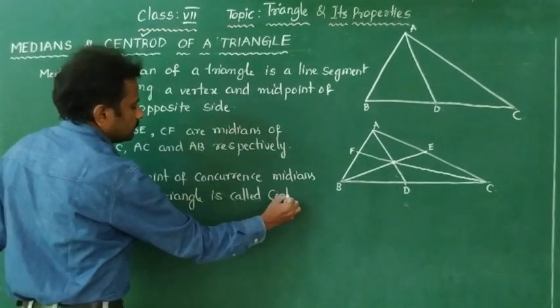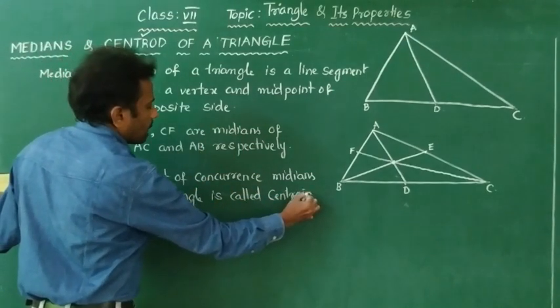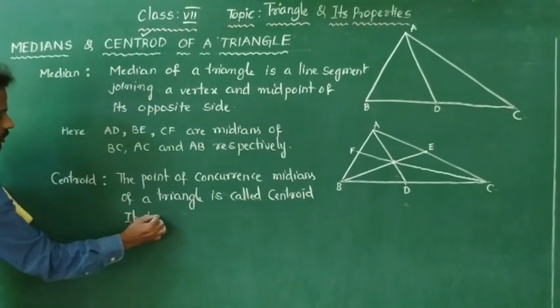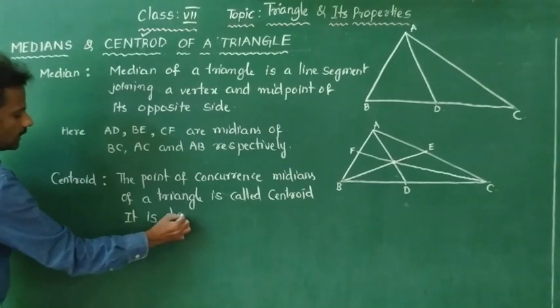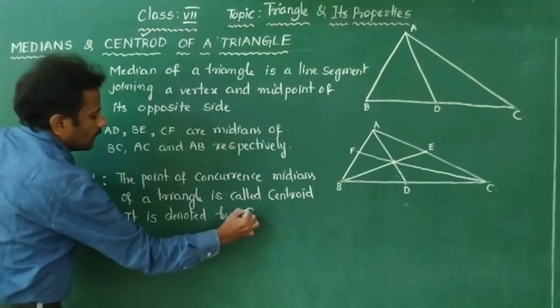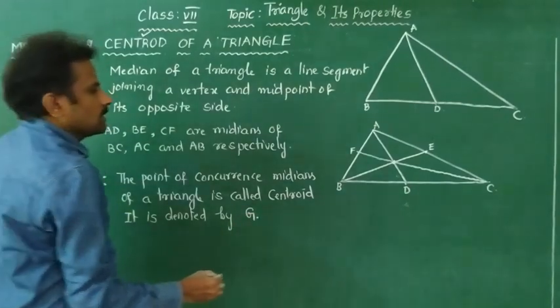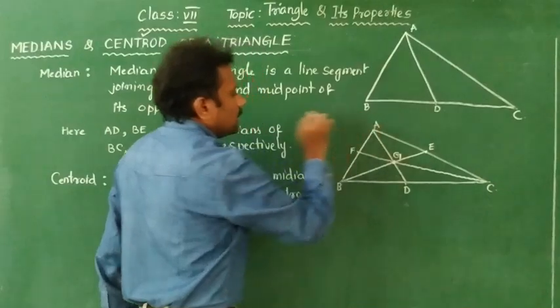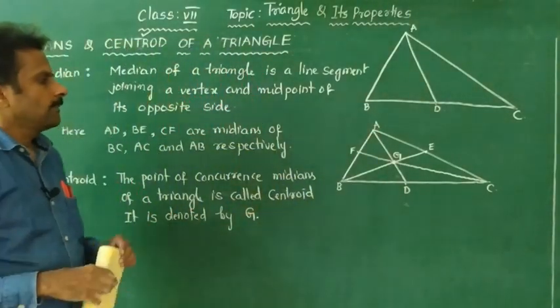Centroid. And it is denoted by G. Generally, centroid we denote by the capital letter G. So G is the centroid of triangle ABC.